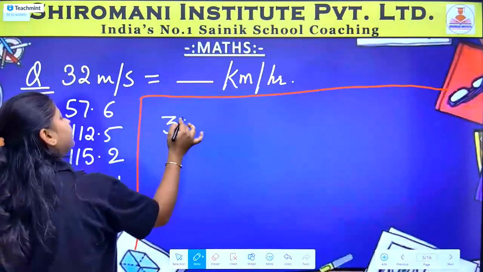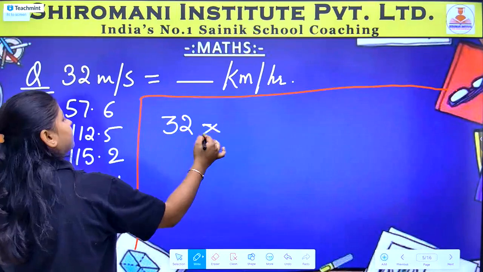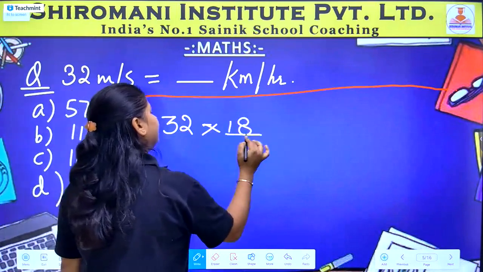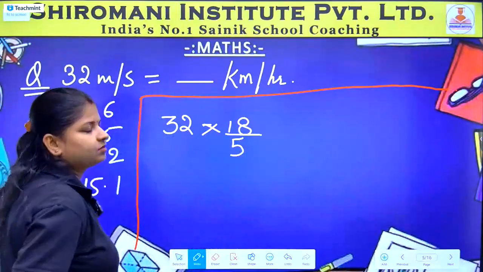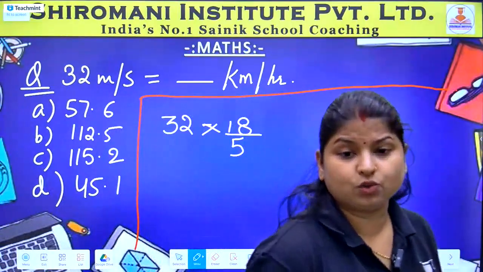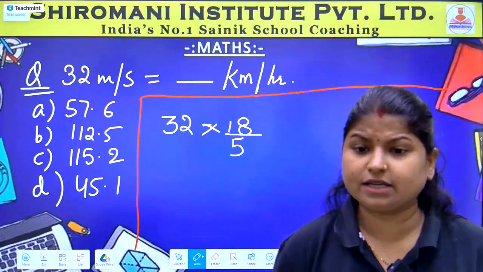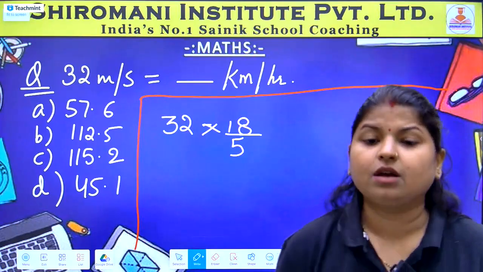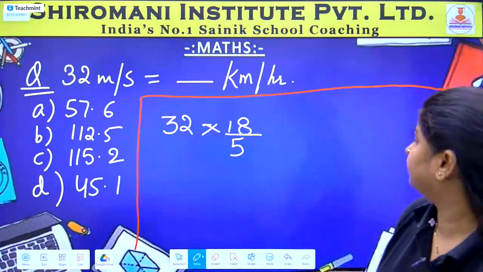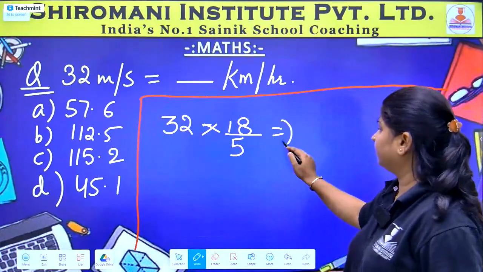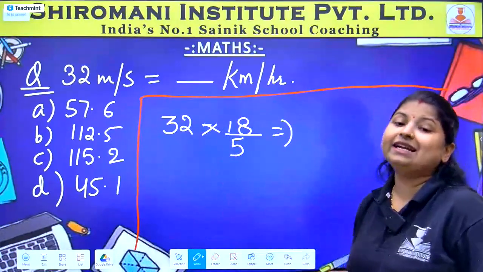It's 32 meters per second, right? I will multiply by 18 upon 5. So if I divide 32 by 5, it is not completely divisible. What will it be? It will be in decimals.